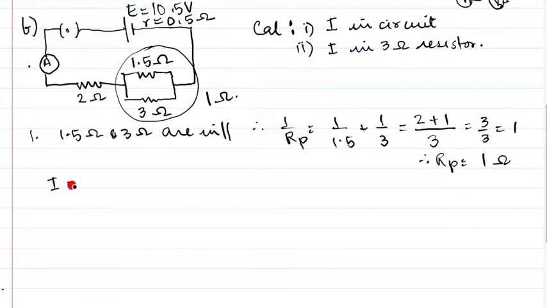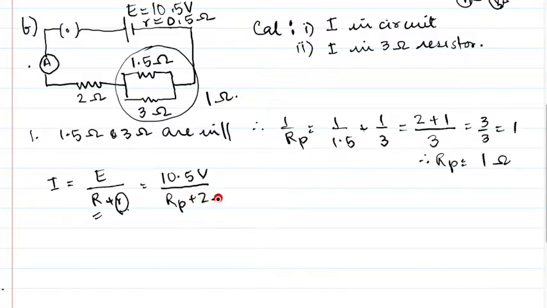The current in the circuit is going to be E upon R plus r. Now R is the external resistance and this small r is the internal resistance. EMF is 10.5 volt and the external resistance is Rp plus 2 ohm and plus small r. So this is the external resistance plus this one is the internal resistance, that is this one over here.